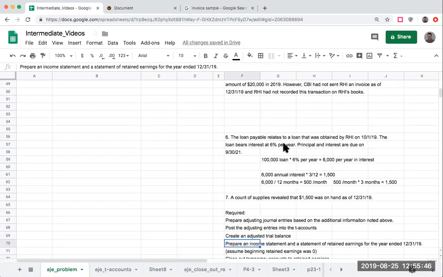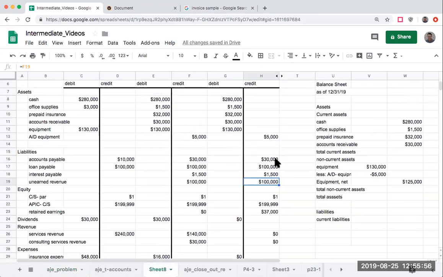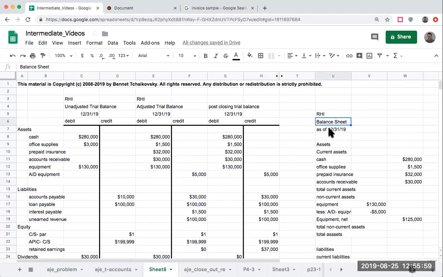So loan payable, it basically says that principal and interest are due on September 30th, 2021. Well, the balance sheet right over here is as of December 31st, 2019.